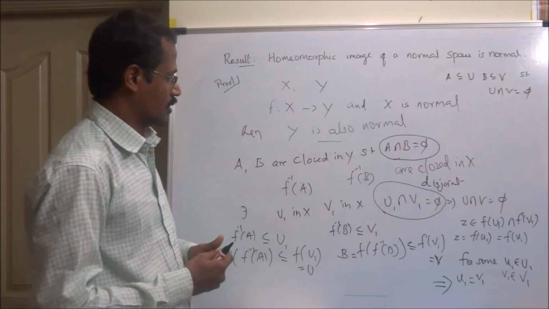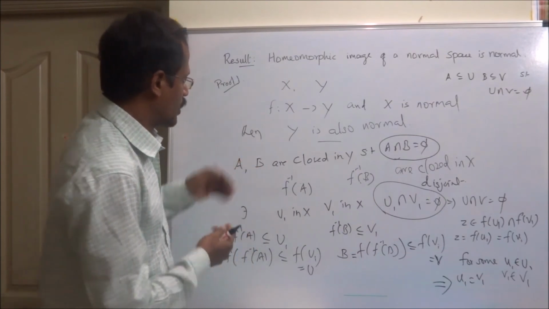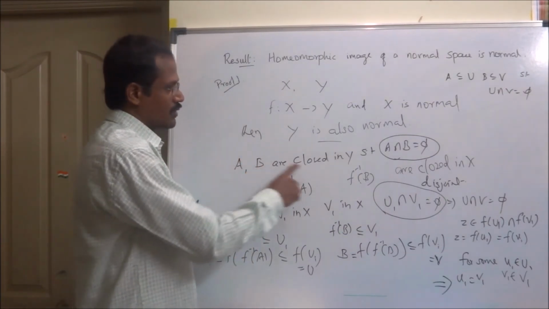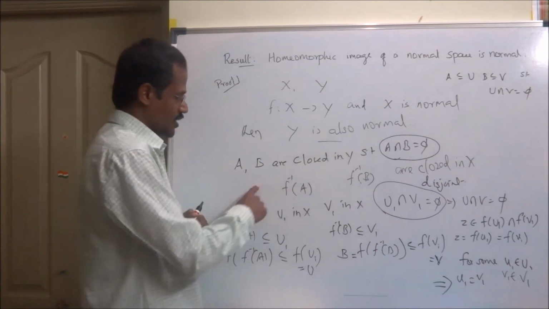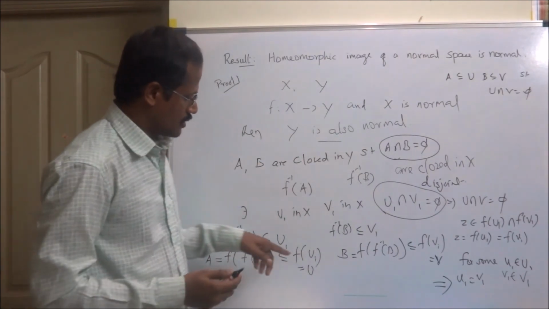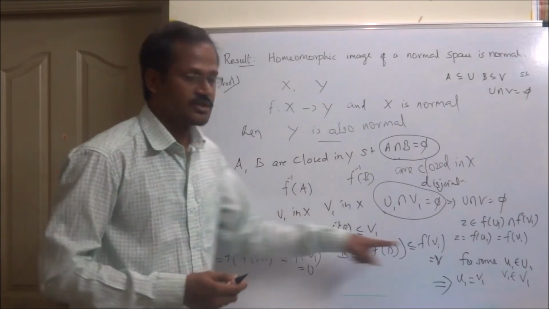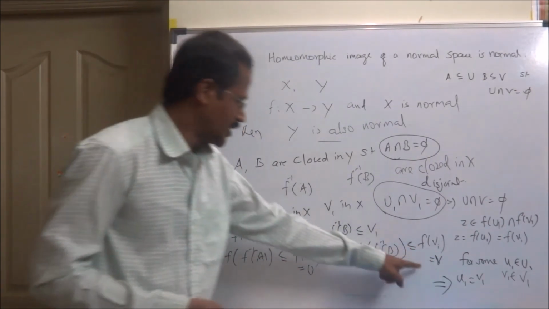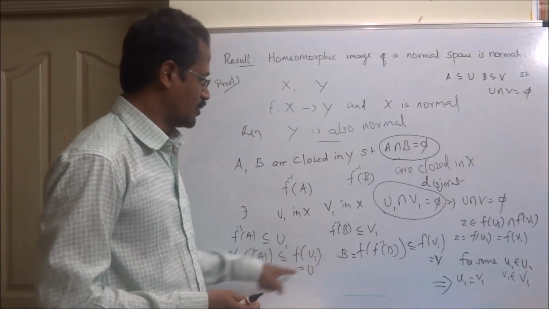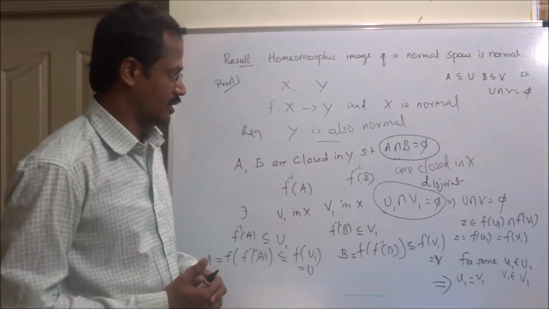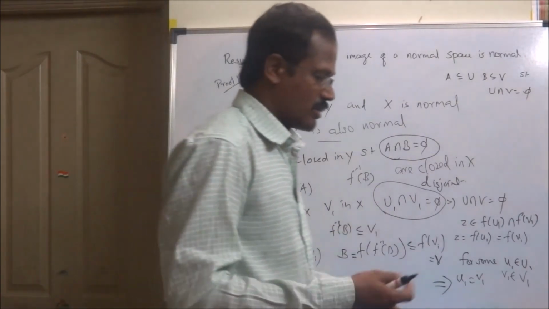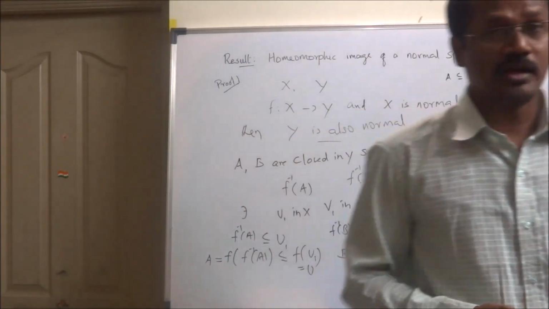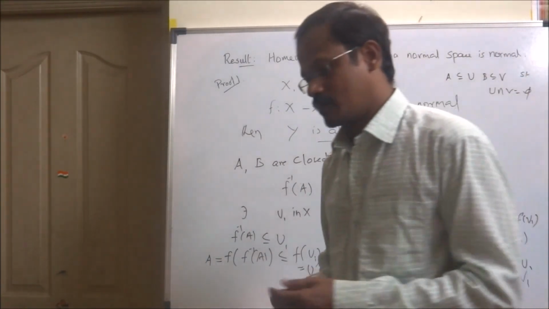Okay. That's all. What we have proved for arbitrary disjoint closed sets in Y is that there are open sets U and V in Y, U containing A and V containing B, such that U intersection V is empty. Okay, that's the second requirement for the space Y to be a normal space.